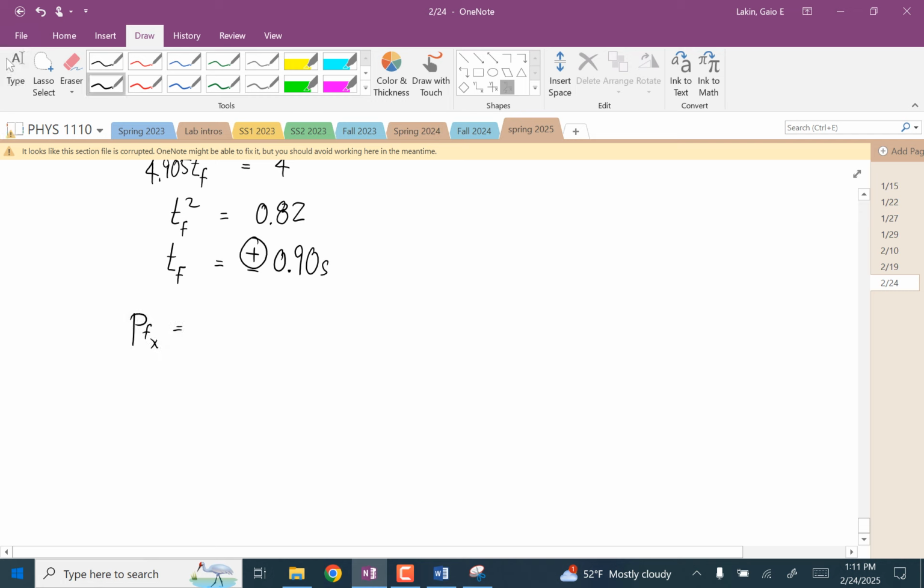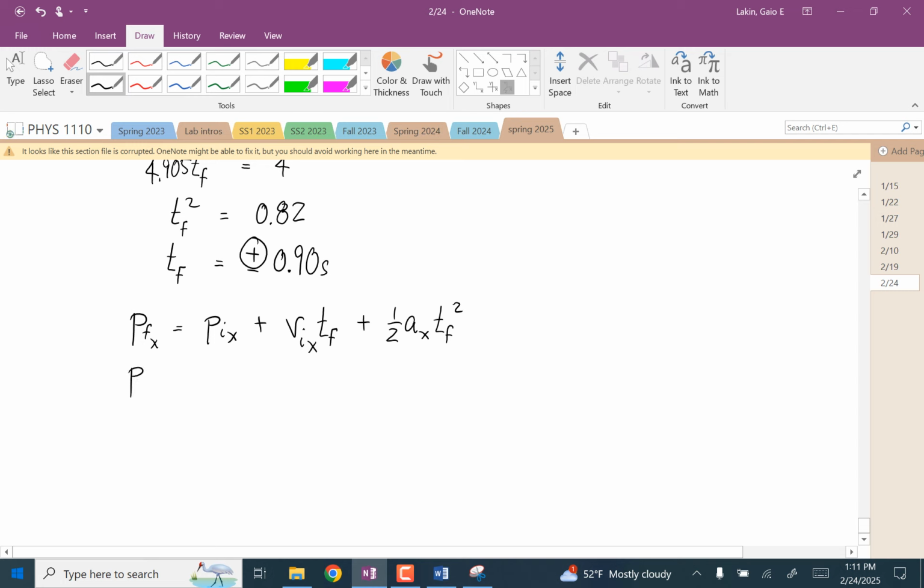PFX is equal to PIX plus VIX TF plus 1/2 AX TF squared. And we're going to use this to find PFX, the thing we wanted originally.